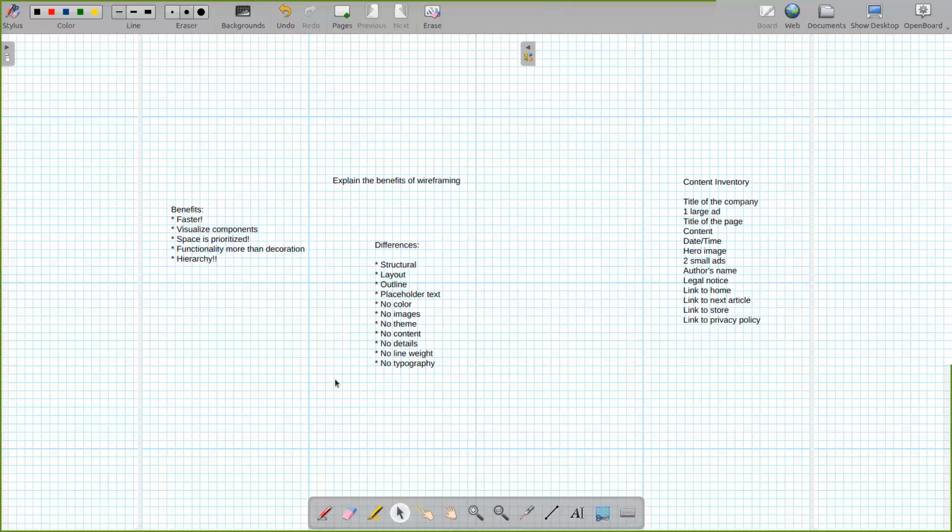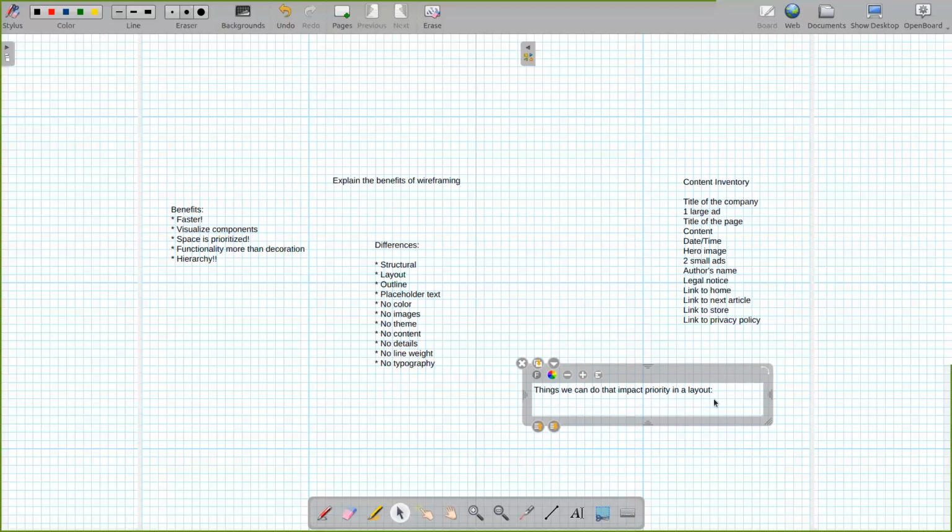So for example, positioning. Specifically, top left is heavy, lower right is light, and I'll also throw in here the F pattern.